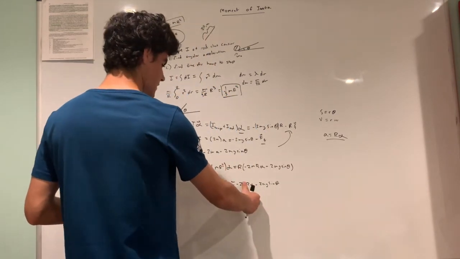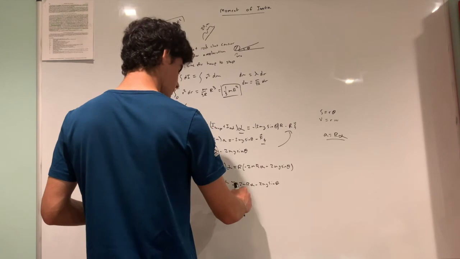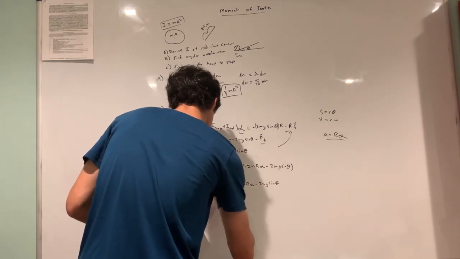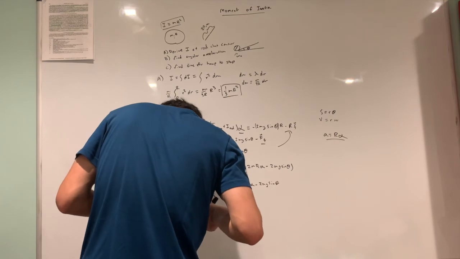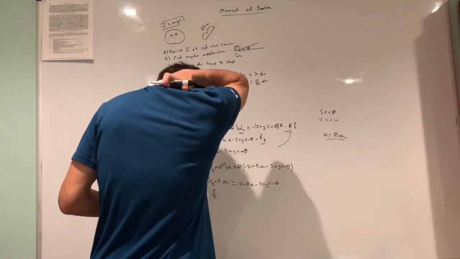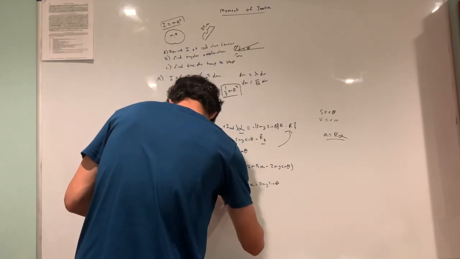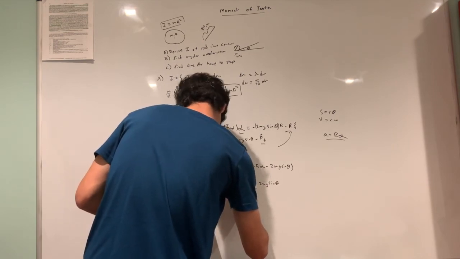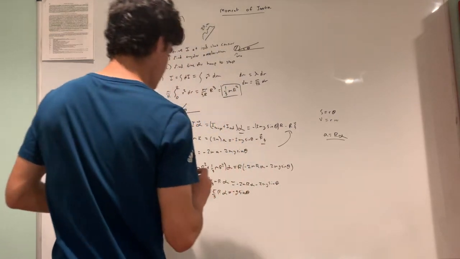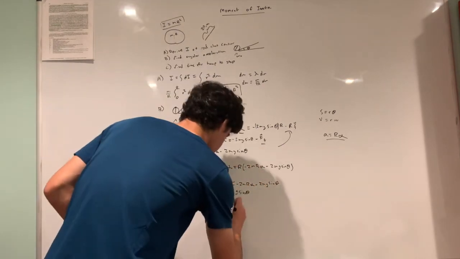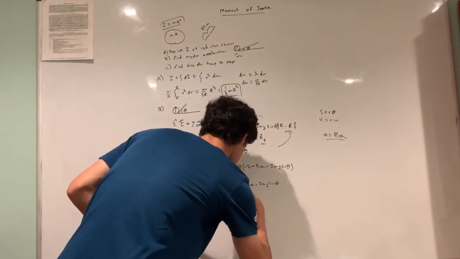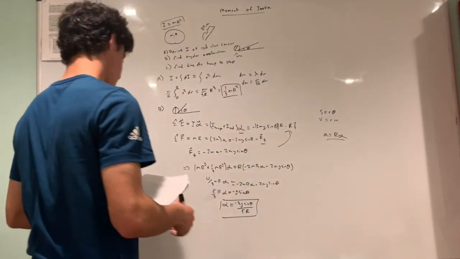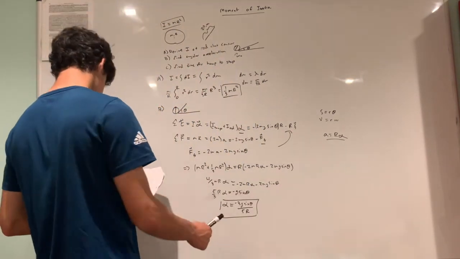Because of this m, these two terms will be identical, and we can add this term to both sides, which will give us... Alright, and from here we have a simple last algebraic manipulation to give us our final answer for the angular acceleration, alpha.